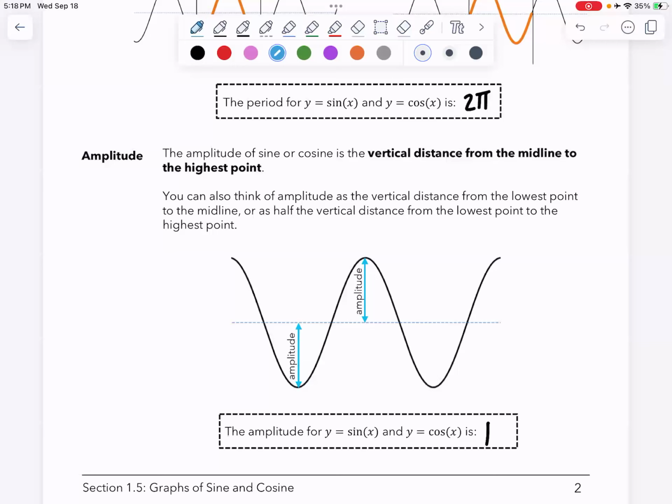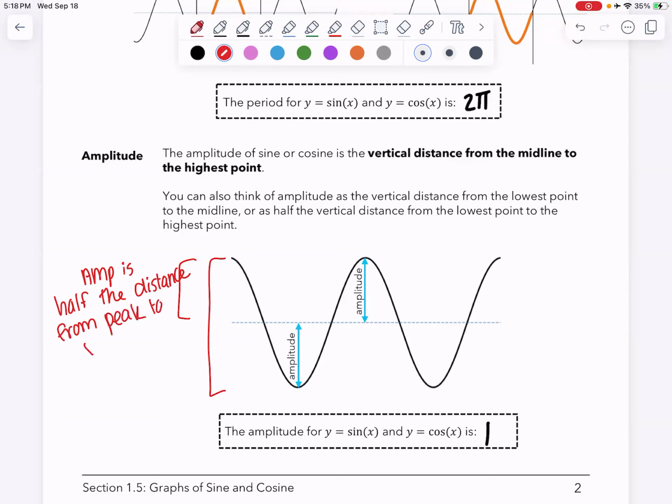As a note, you can also think of the amplitude as half the distance from the top to the bottom, from peak to valley is how I'll put it.